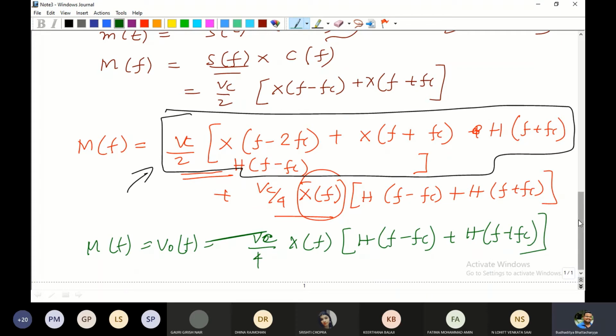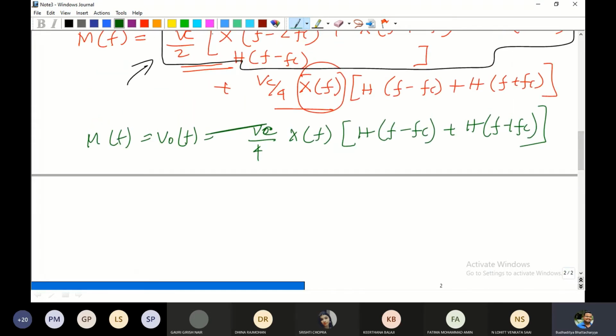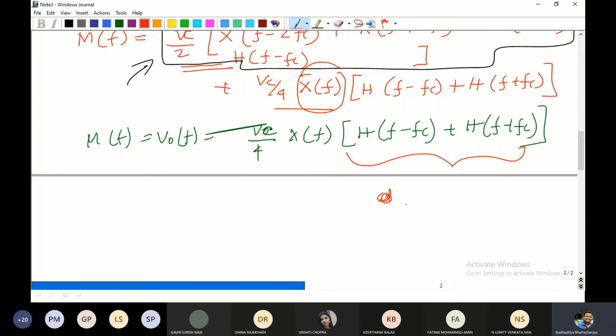Now, if you ask me what this right-hand portion is, this is called the filter gain. This is nothing but the input to output ratio of the filter. So it's a constant part.